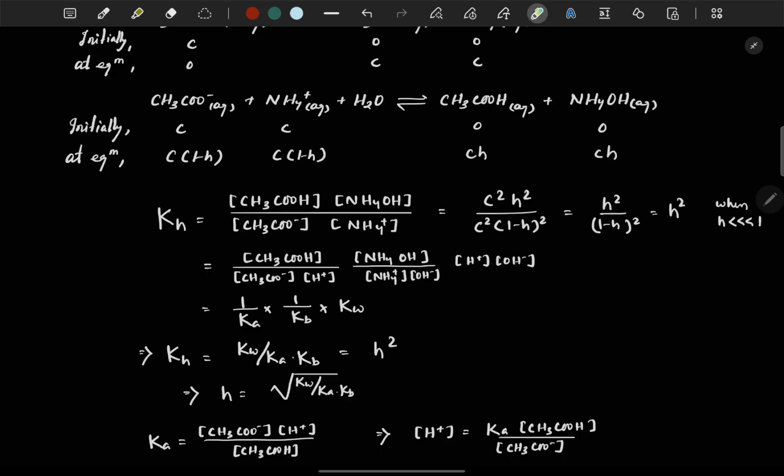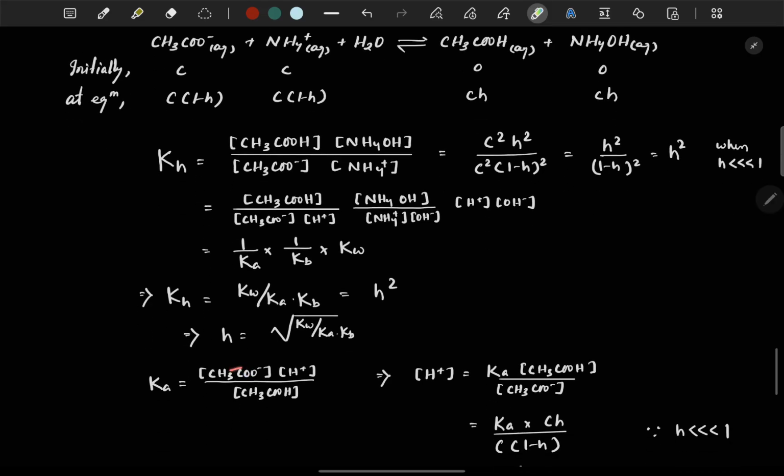But we have to find the pH. But we know what Ka is. Ka is equal to acetate ion concentration into H plus ion concentration divided by acetic acid concentration. So we can say the concentration of H plus ion is equal to Ka into CH3COOH divided by concentration of acetate ion.